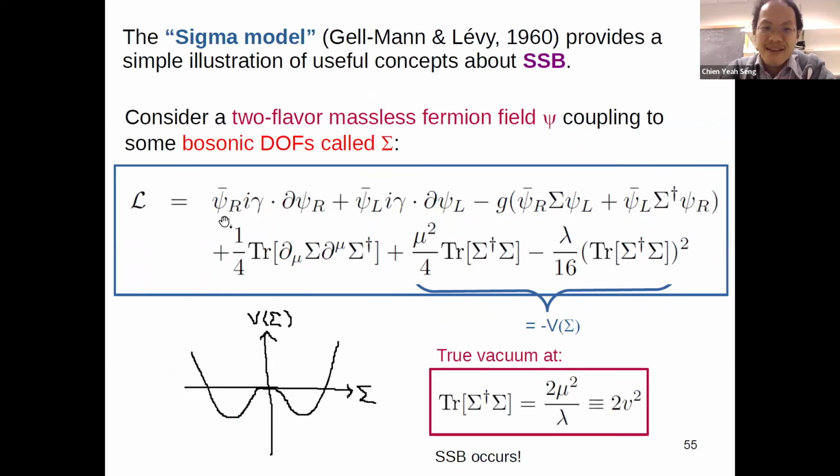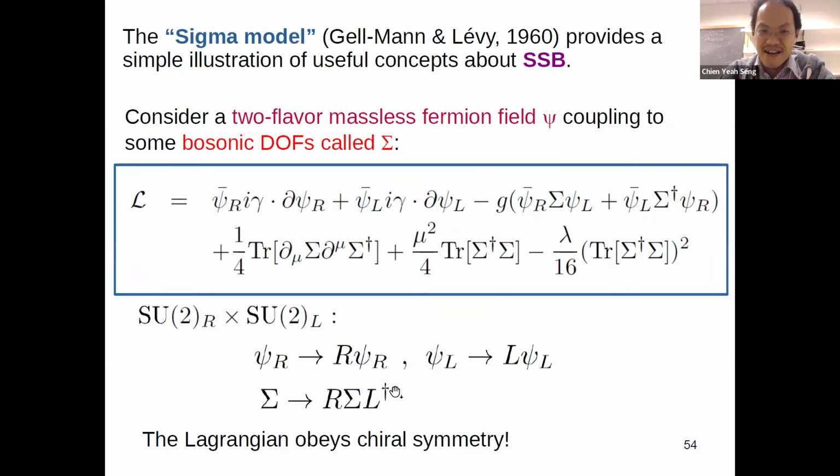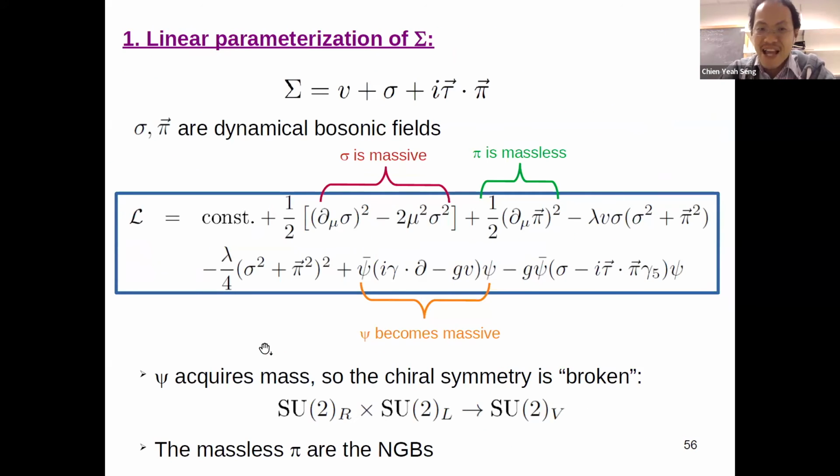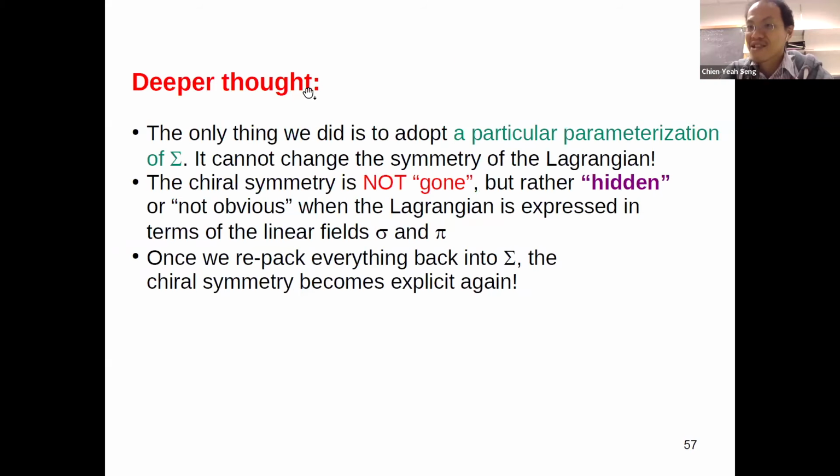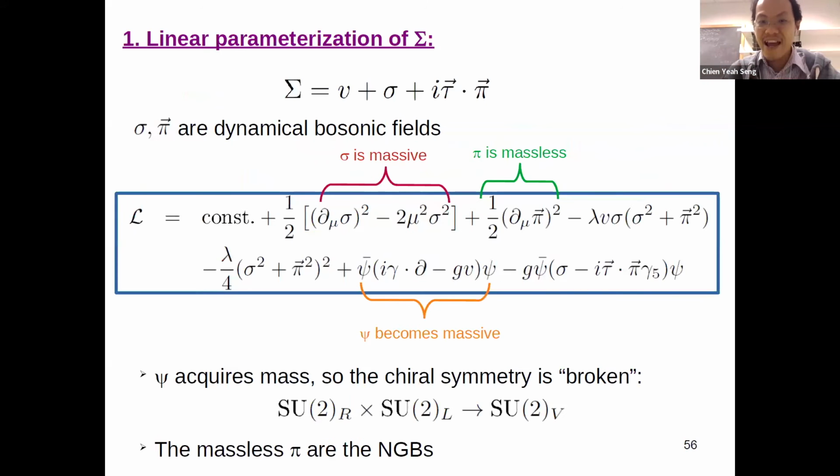So how come in the original Lagrangian there is a chiral symmetry, but just after re-expressing sigma by something else, the chiral symmetry is gone? Doesn't make sense, right? A simple parameterization of sigma cannot change the symmetry of the Lagrangian. So what actually happened is that the chiral symmetry is not gone, but it's just hidden because it's not explicit.